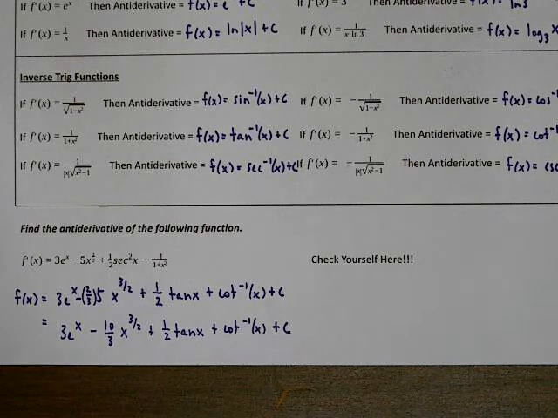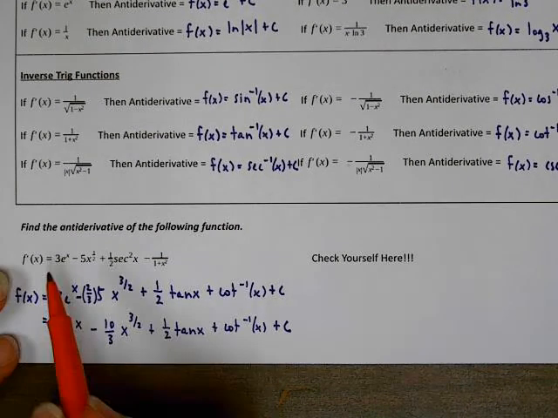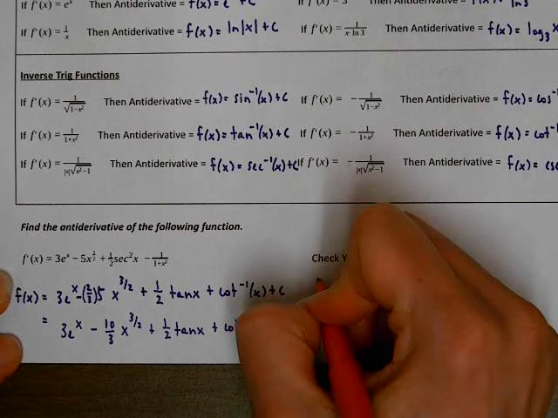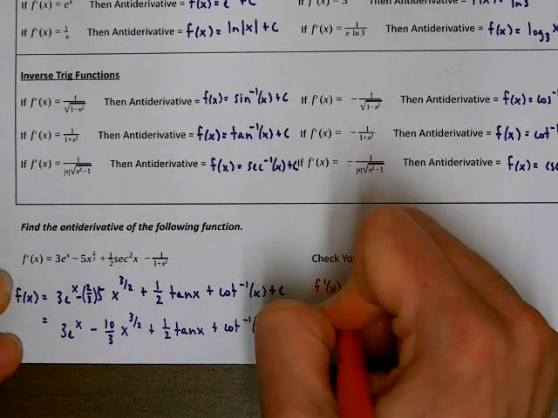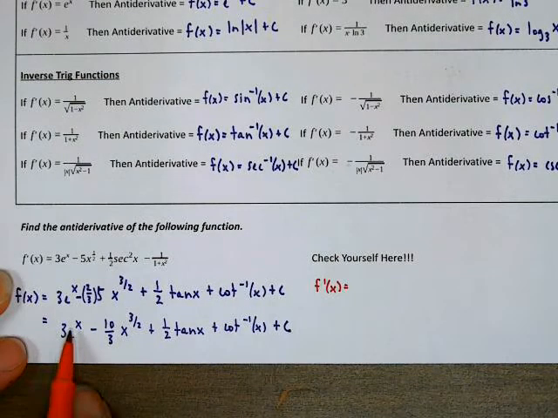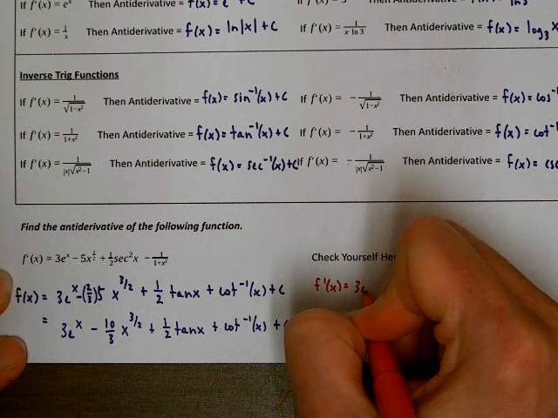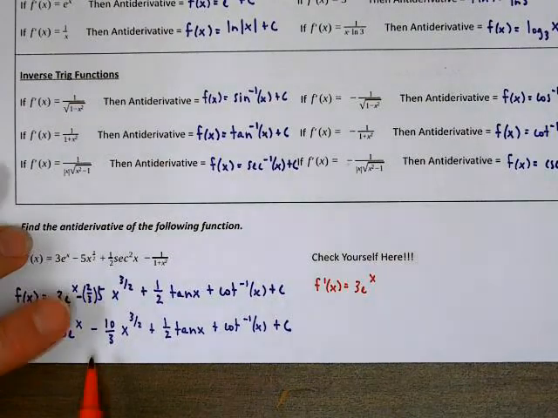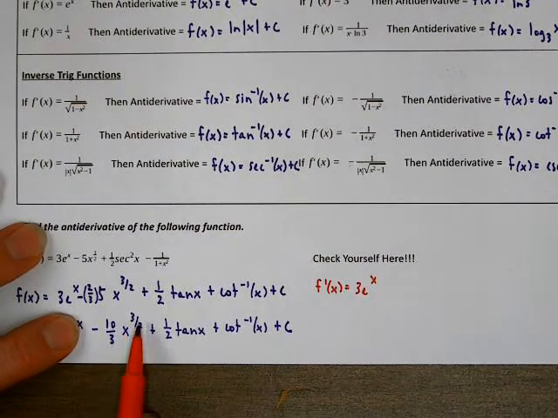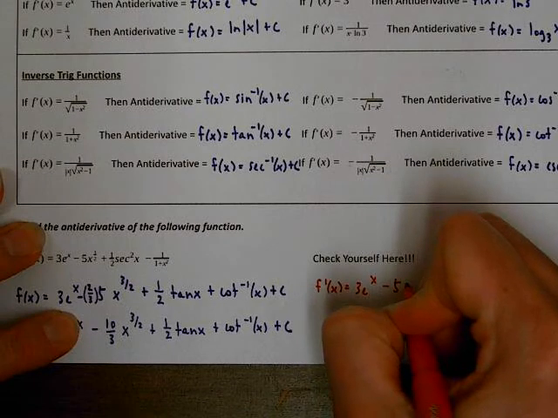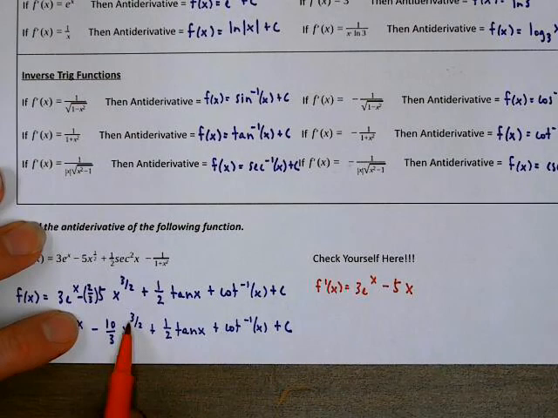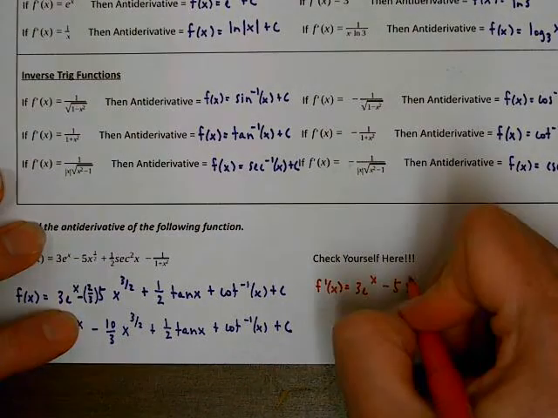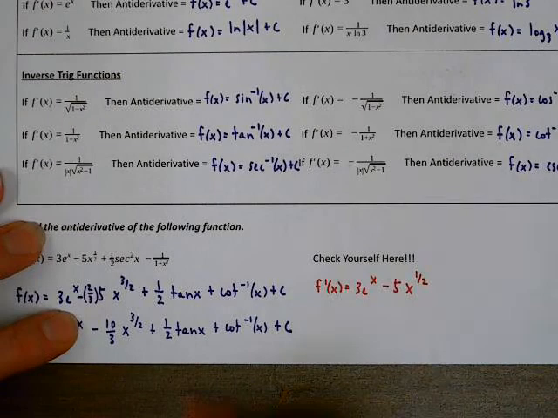Now remember, we can always check by finding the derivative, and that should match if we did it right. So let's go piece by piece here, term by term. Derivative of 3e to the x is just 3e to the x. Here, let's see, I'm going to do negative 10/3 times 3/2. It's going to give me a negative 5 times x. If I subtract 1 from 3/2, I get to the 1/2.